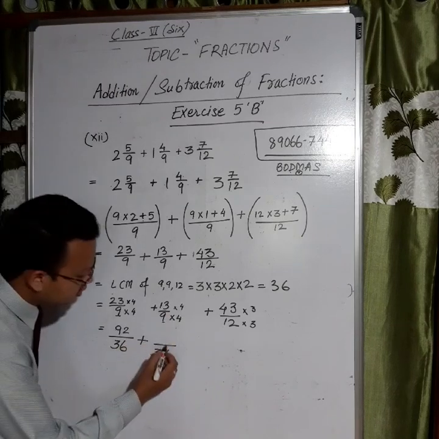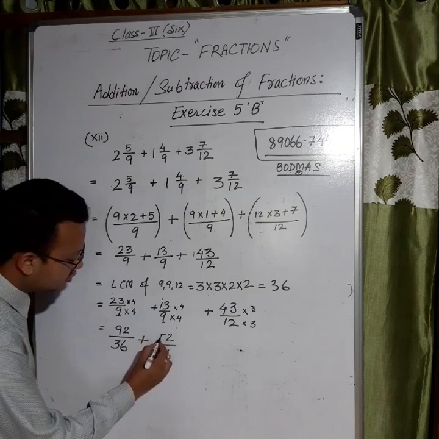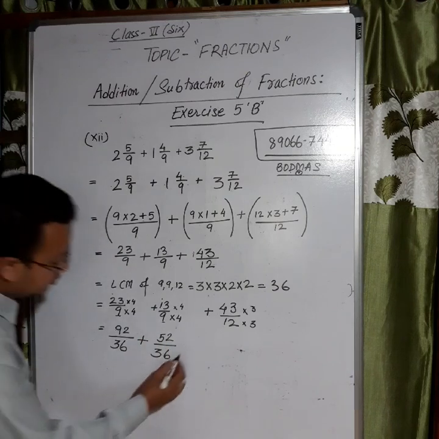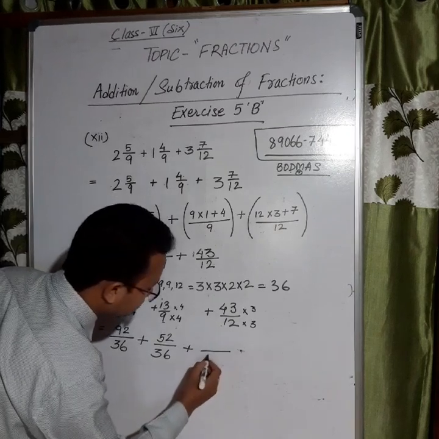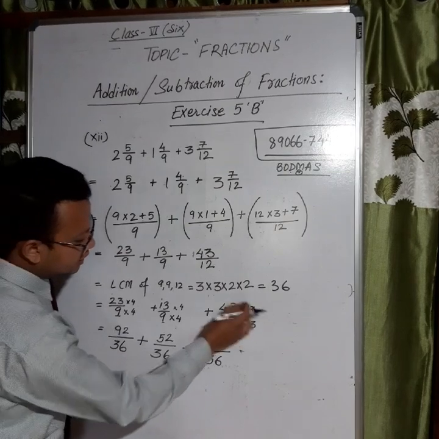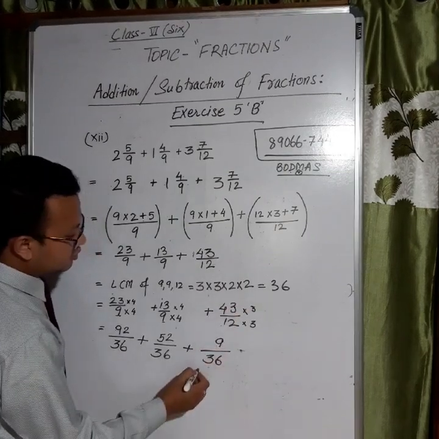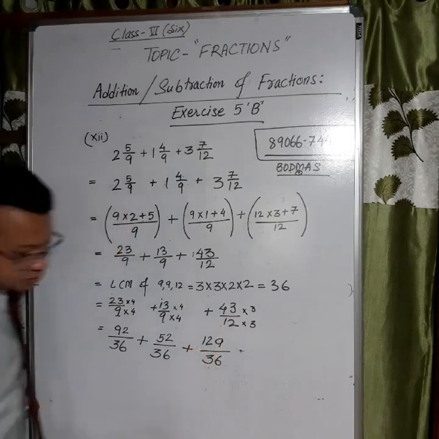So 4 3s are 12. Carry over 1. 4 1s are 4 plus 1 is 5, so 52. 12 3s are 36. So 3 3s are 9. 3 and 9, 3 4s are 12.